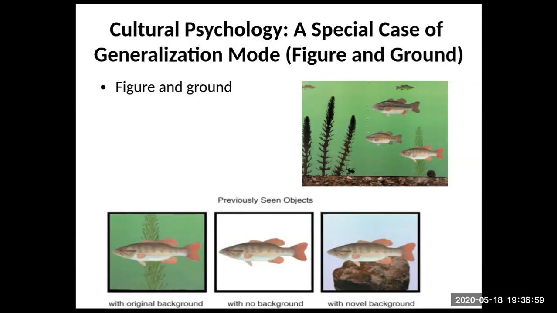So the difference between figure and ground, or the main part of the figure and the background, is also a special case of generalization mode, because different cultures see it differently and they may interpret it differently. And that way you can see if one thing generalizes to the Eastern versus the Western hemispheres in terms of how they see a picture, or how they interpret it, or how they analyze it.